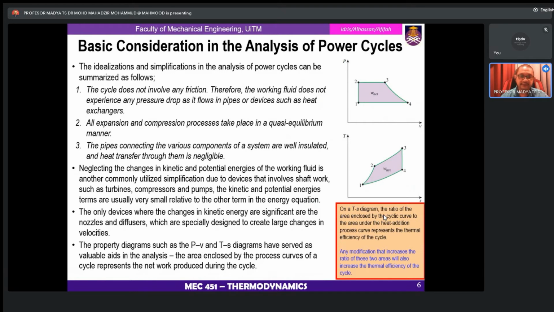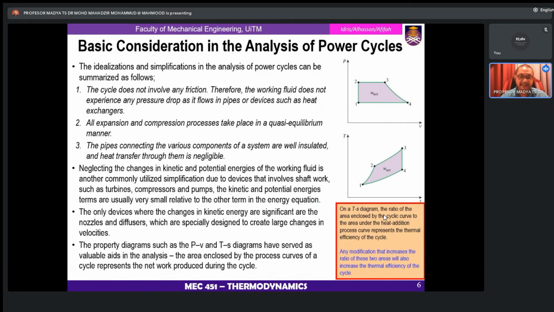We also neglect the changes in kinetic and potential energies of the working fluid in commonly used devices that involve shaft work, such as the turbine, compressor, and pump. The kinetic and potential energy terms are usually very small relative to the other terms of the energy equation.